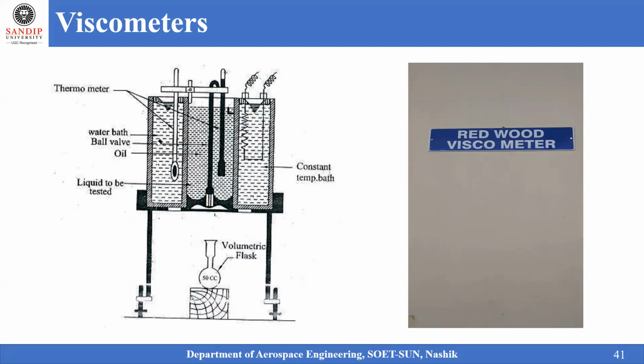The outer flask increases in temperature, and by conducting that heat through the walls to the inner container, the oil flask, the oil gets heated up. After reaching certain temperatures, we open the knob placed on this viscometer.